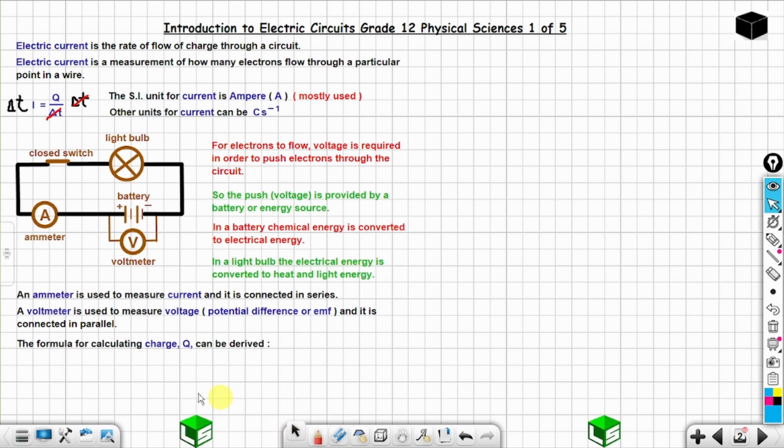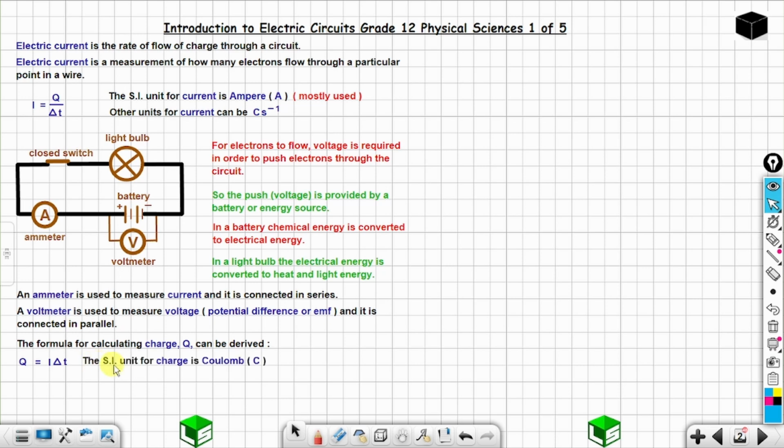So what you have is Q, the charge, on the right side, which is equal to the current times the change in time. Current times the change in time. So this is cancelled. So we carry on.